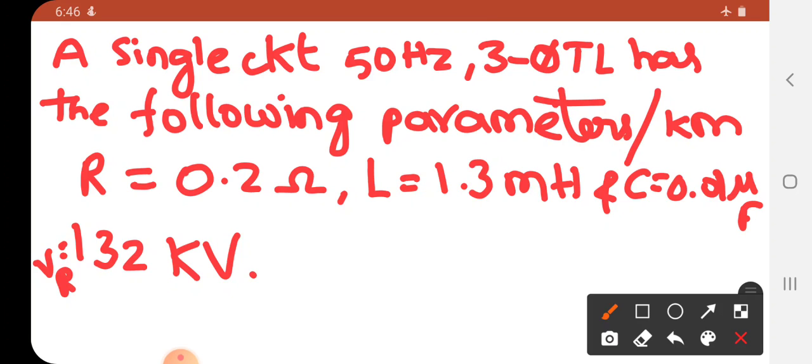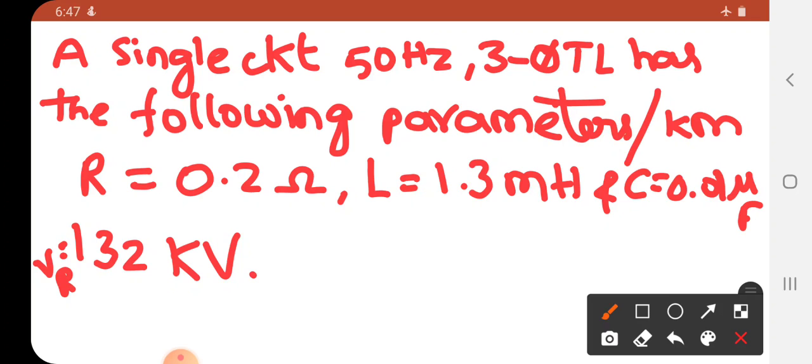If the line is open at the receiving end, find the RMS value and phase angle of the following.